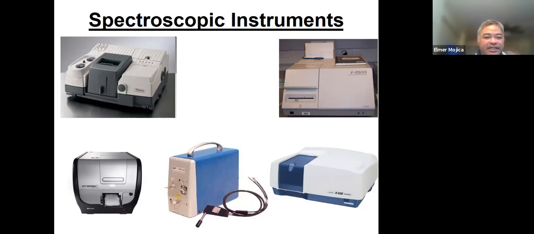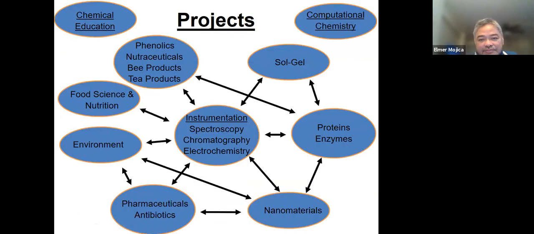So that's the one that I have at Pace University as the instrument that is, we could say, spectroscopic in nature. And the projects that I usually have is we use instruments to analyze compounds that are of interest.